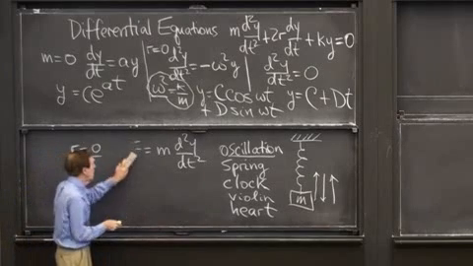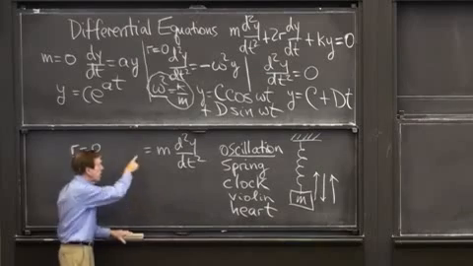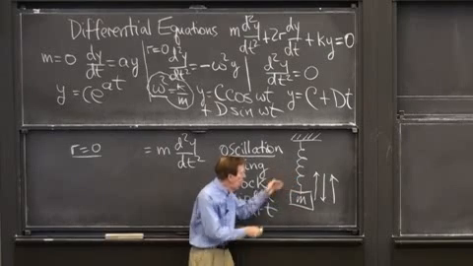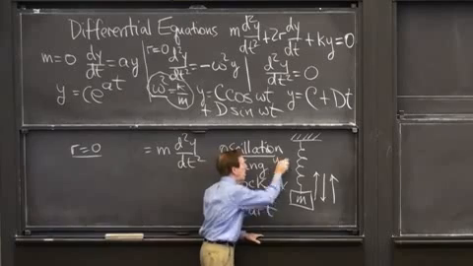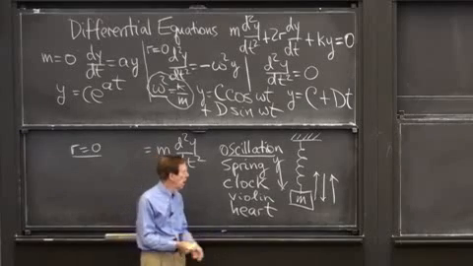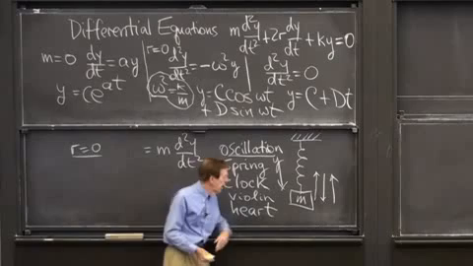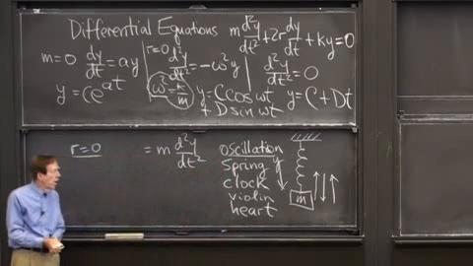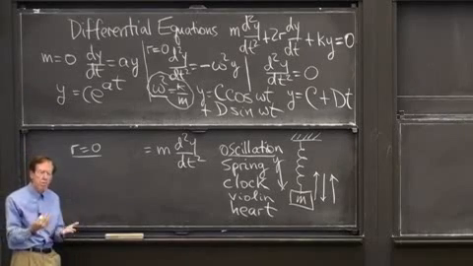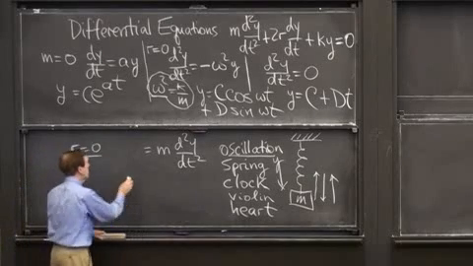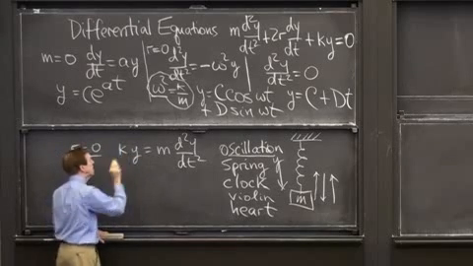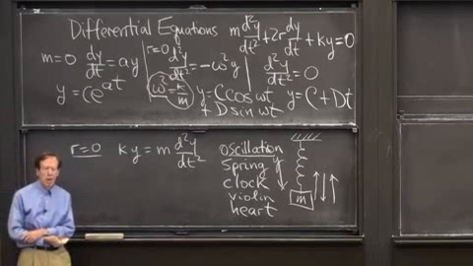And then what's the force? Well, for the spring force, what did we say? y is going this way, it's the position, the displacement of the spring. When it's down like that, when y is positive, the spring is pulling back. The force from the spring is proportional to y, and the proportionality constant is my number k.